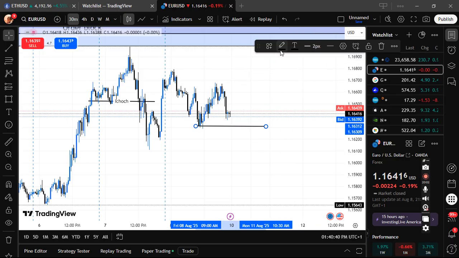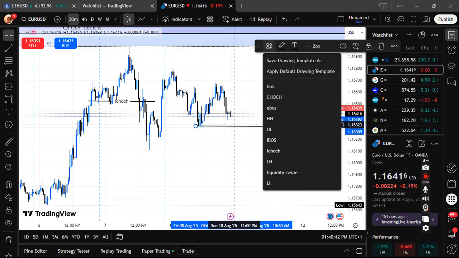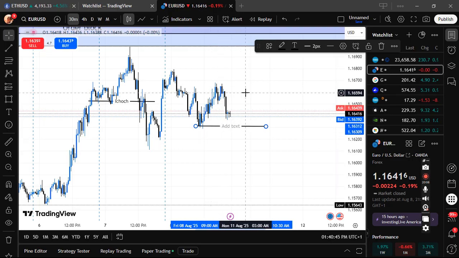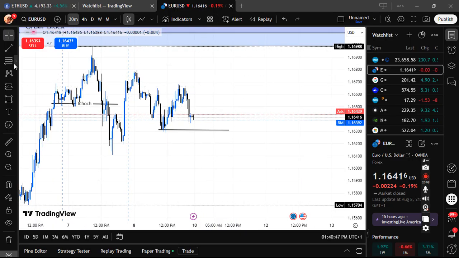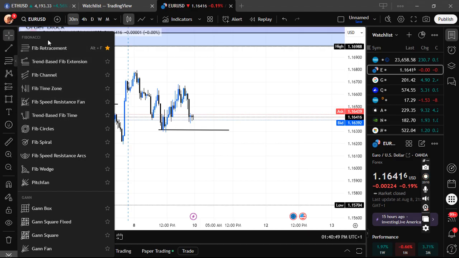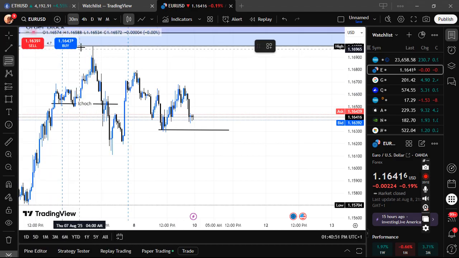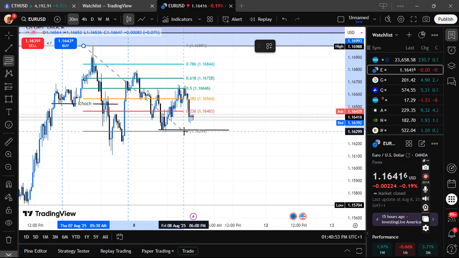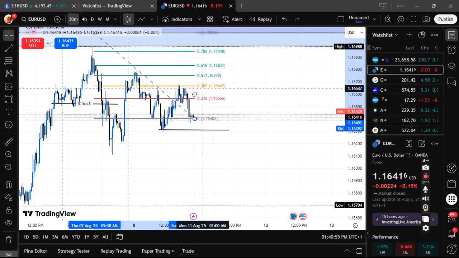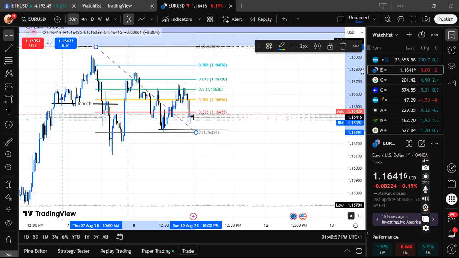So I'm looking for market to clear this level. If market clears this level, then I'll be expecting a retracement back to this level again, to 0.382.